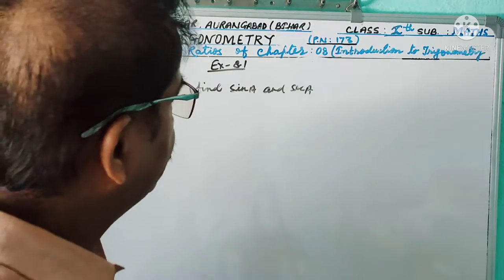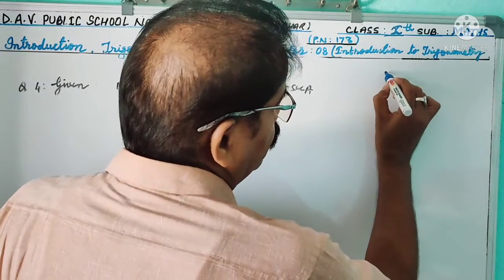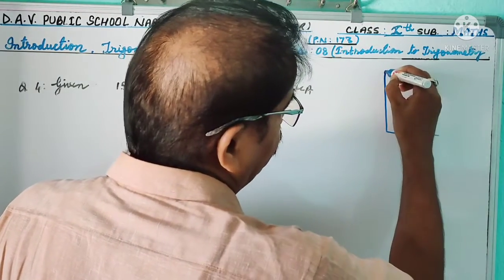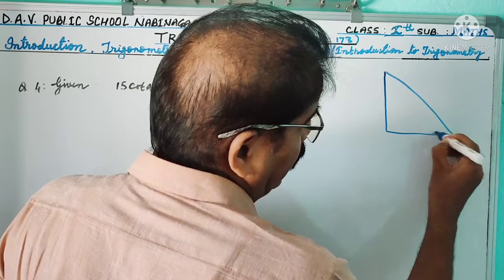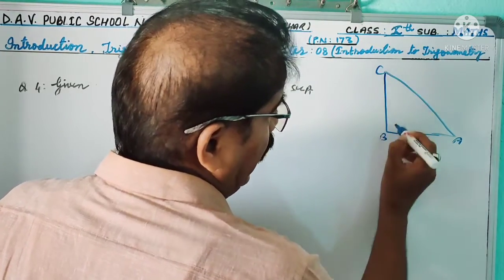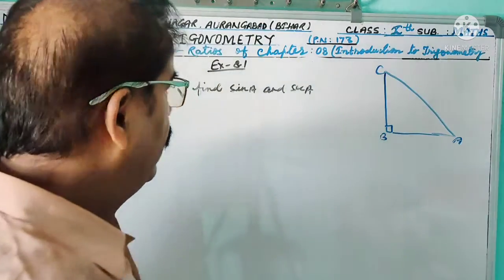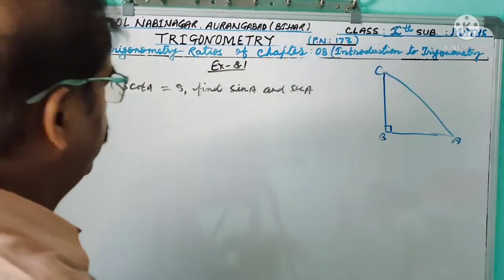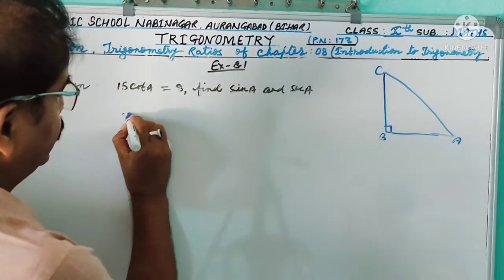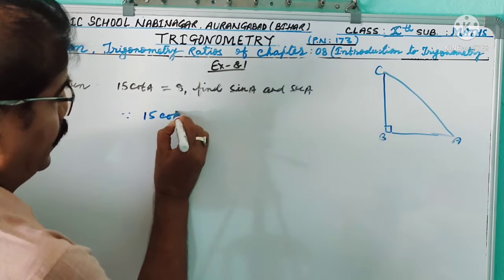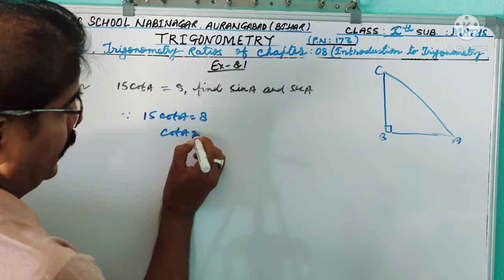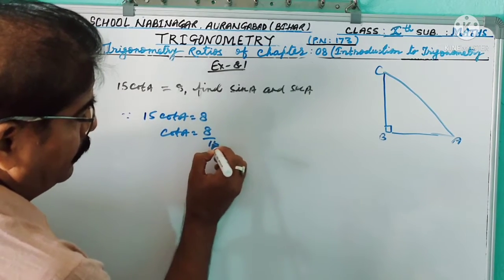Find sin A and sec A. So first you draw a right angle triangle and name it A, B, C, with B as the right angle. Since 15 cot A equal to 8, so cot A equal to 8 by 15.